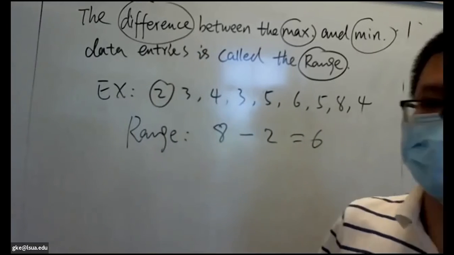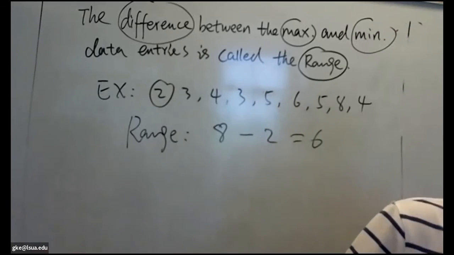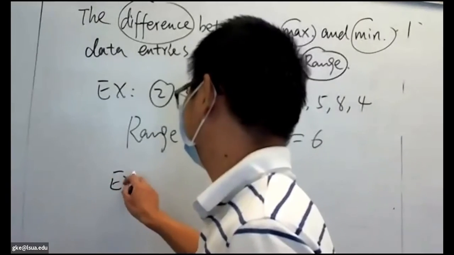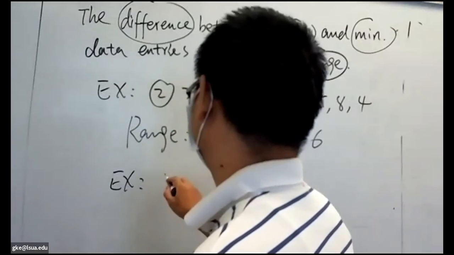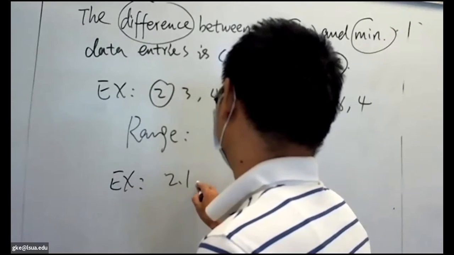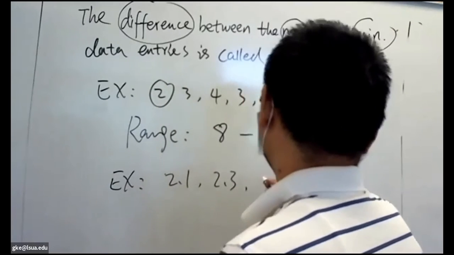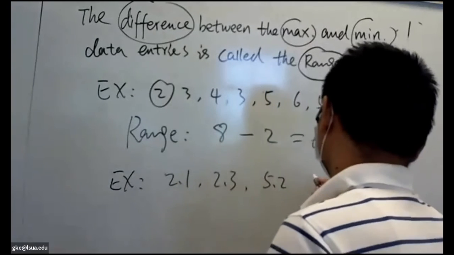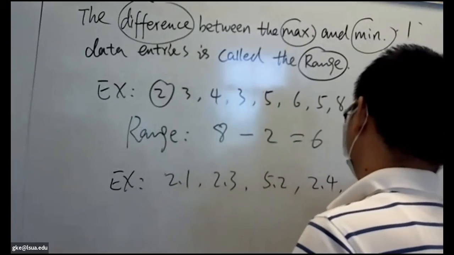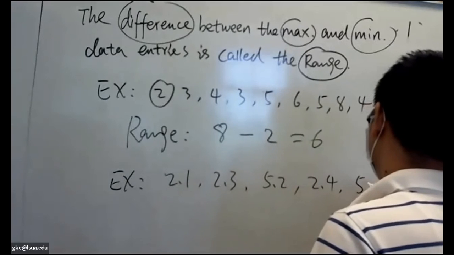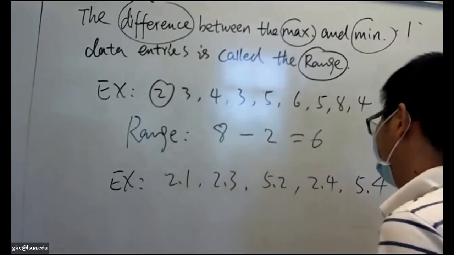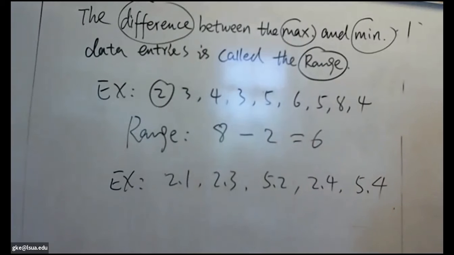I'm going to give you guys another example. Let you guys try it by yourself. I randomly choose a bunch of data, and then just let you guys calculate the range by yourself. Okay, do it by yourself.